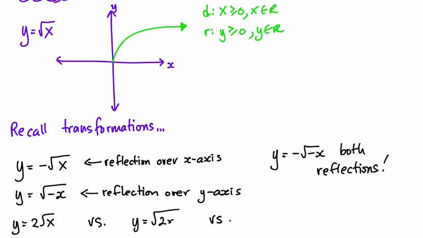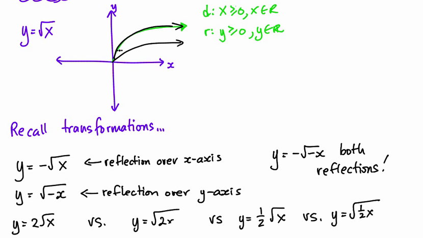And those graphs are both different than y equals 1/2 root x, which takes this graph and compresses it, makes it look like this. And those are again different than y equals square root half of an x, which takes this graph and expands it this way and would look something like this.